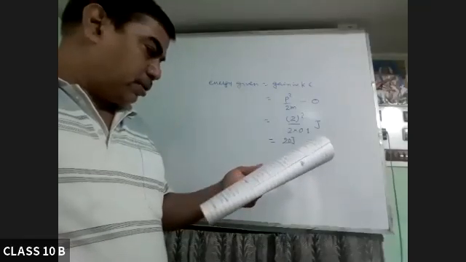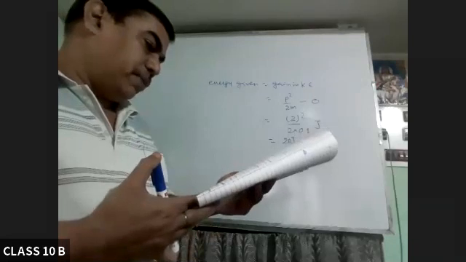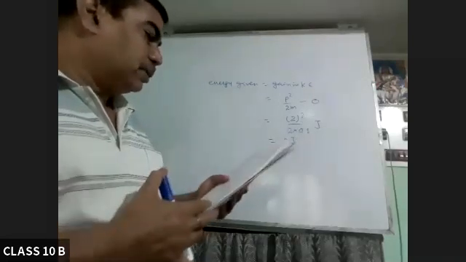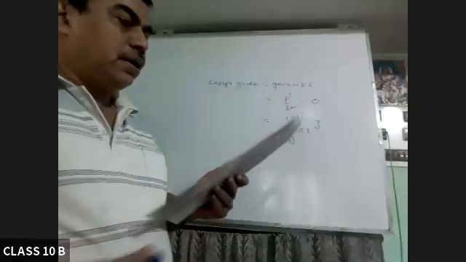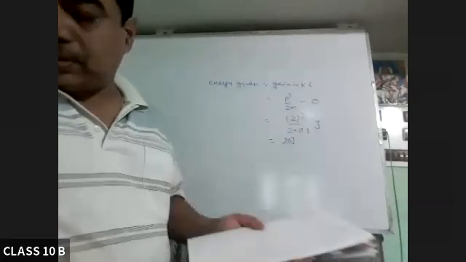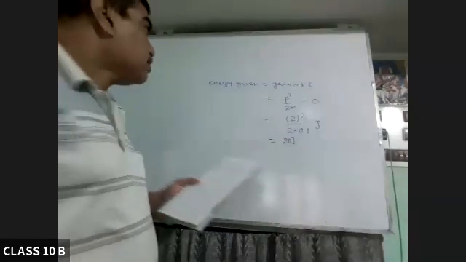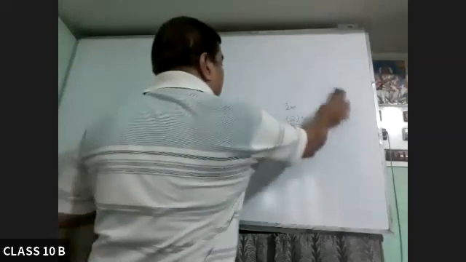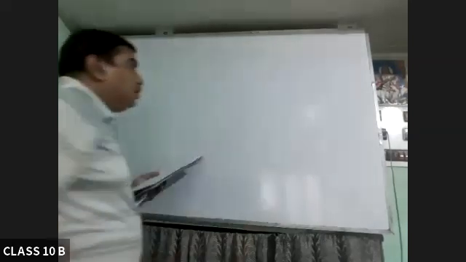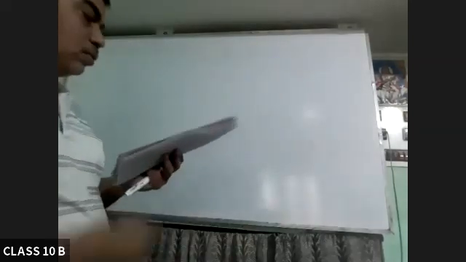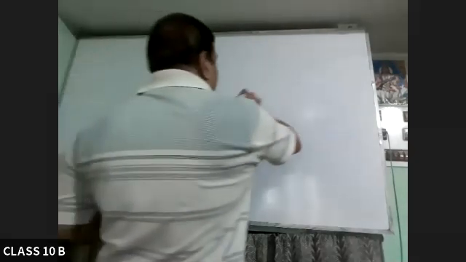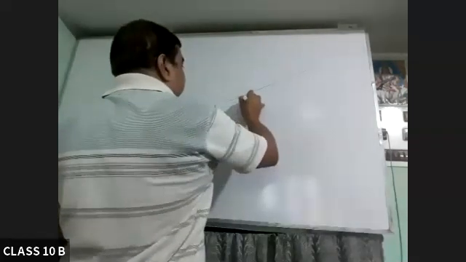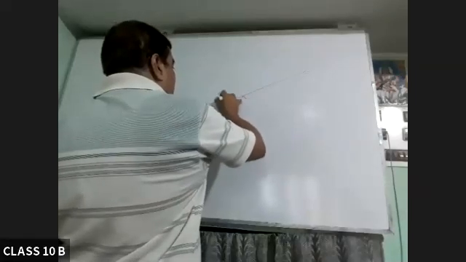Okay, number 5 and 6 we have seen. Number 7 is a crowbar of 120 centimeter. So your crowbar is a lever of first order.